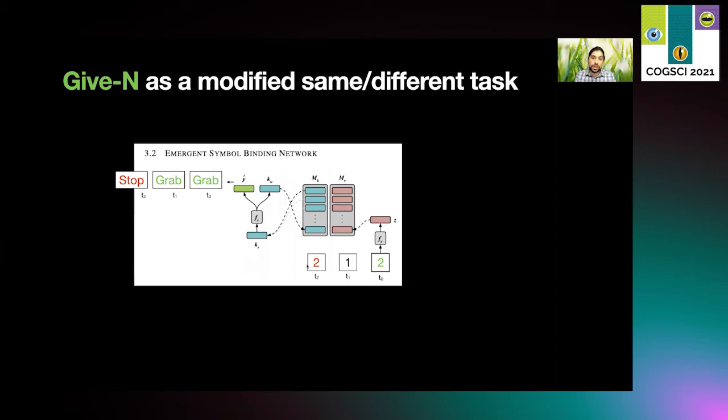And so at t2, you would give the network the number 2. And at t0, in order to solve this task, the network should grab an item. At t1, it should also grab an item. And at t2, it should stop, because here 2 is the same as the instruction 2.